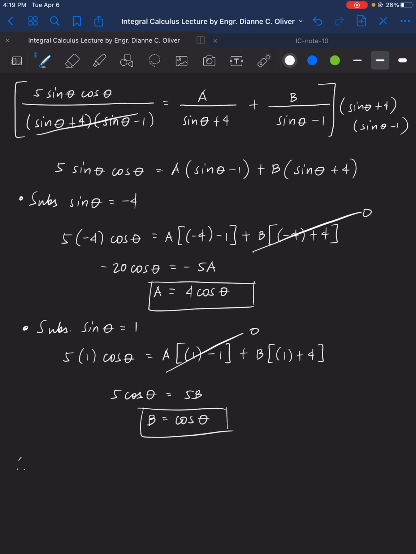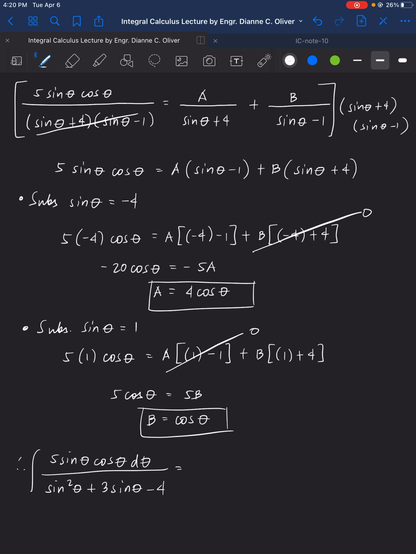Therefore, we have here integral of 5 sine theta cosine theta d theta all over sine squared theta plus 3 sine theta minus 4.